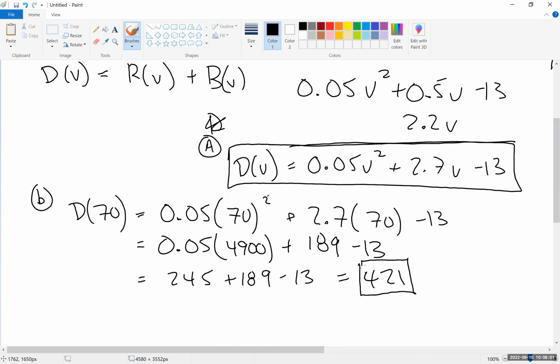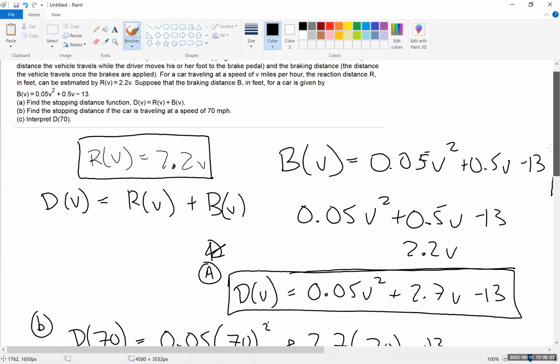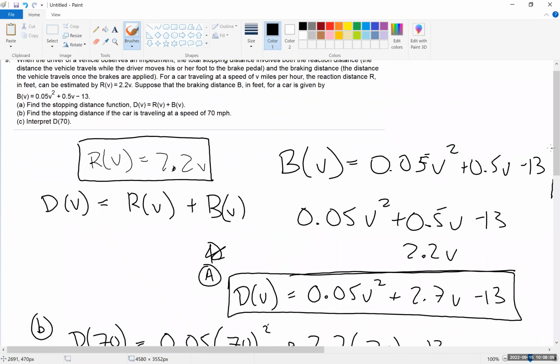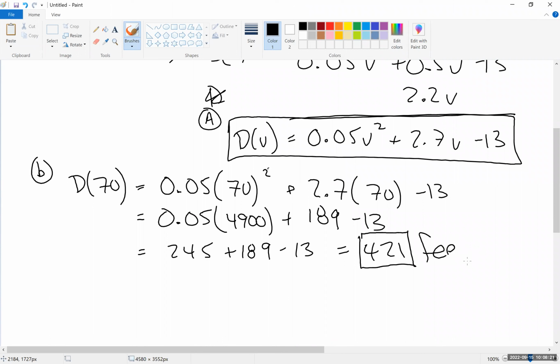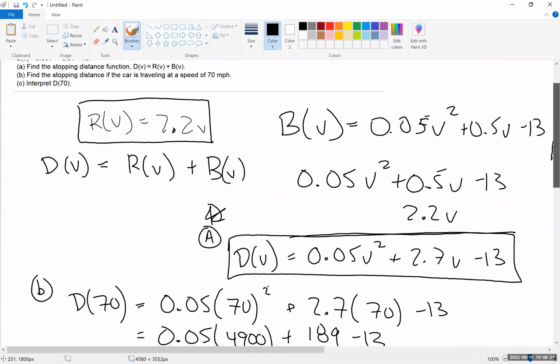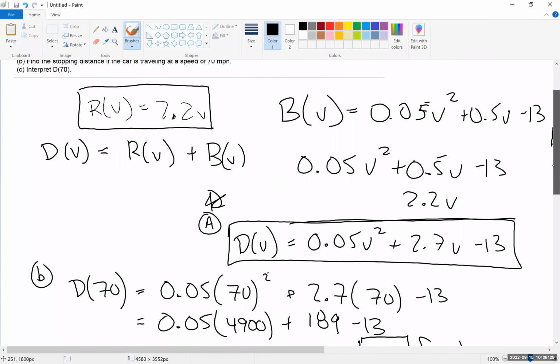And does it actually tell us what the stopping distance is in? It probably does. Suppose the braking distance in feet is given. So the braking distance is in feet, and the reaction distance is in feet. So that means our answer for the distance is in feet. And that helps us with part C. Part C asks, interpret D(70).